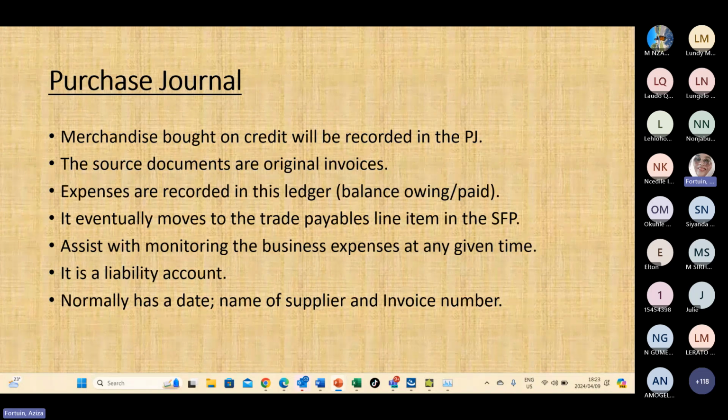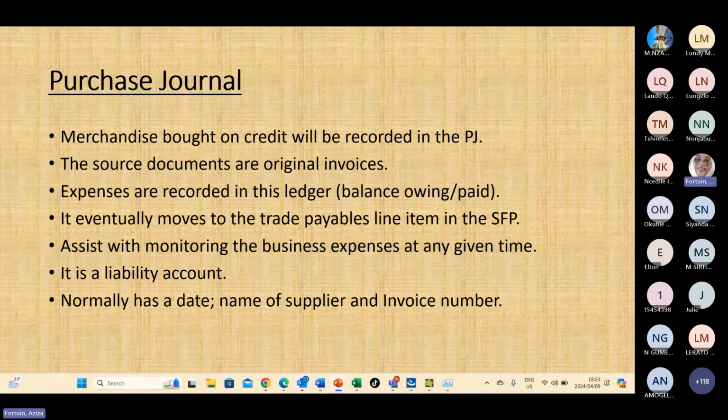It assists with the monitoring of the business expenses at any given time. So through this purchasing journal, you can now see your purchasing history and trends, cost, etc. to monitor it. It's a liability account, and it normally has a date, name of supplier, and an invoice number.